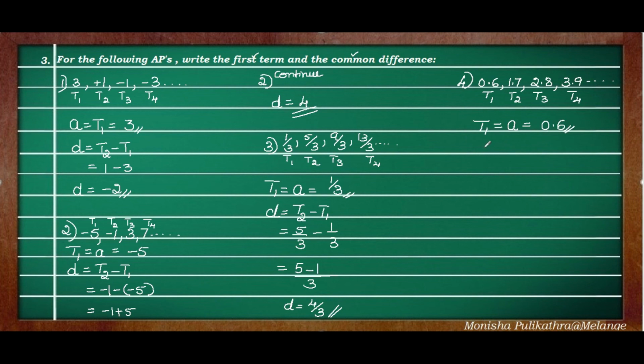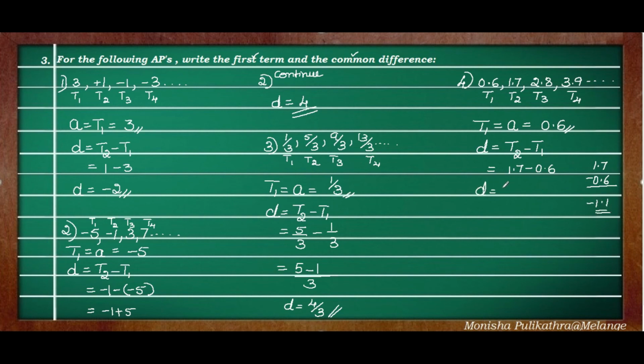Next is the common difference D. The common difference D is given by T2 minus T1, where T2 is 1.7 minus T1 which is 0.6. We need to subtract 0.6 from 1.7.